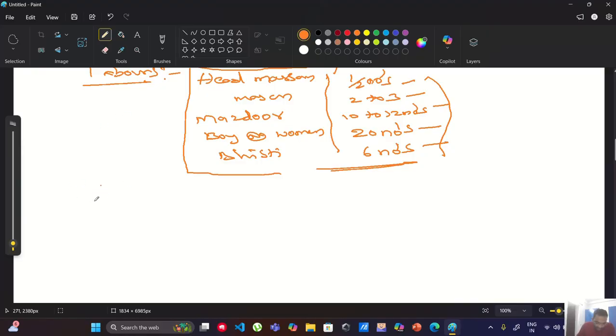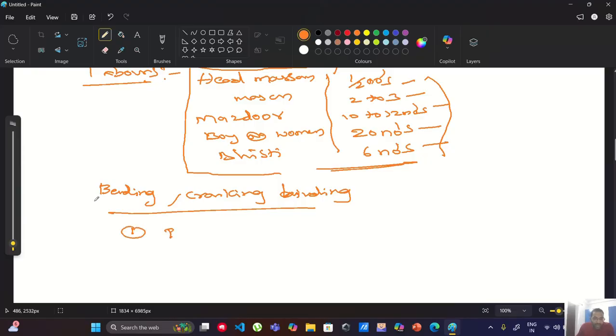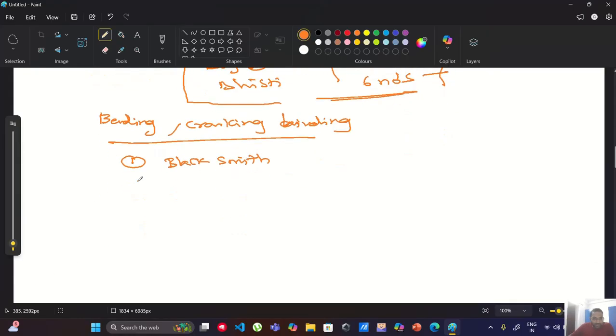Along with this, since it is an RCC, bending of steel, bending and cranking and binding of wires, separate labors will be required. We can call that labor a blacksmith.